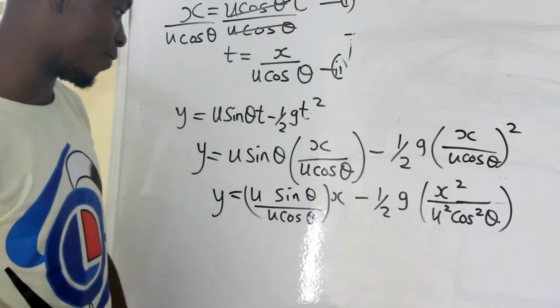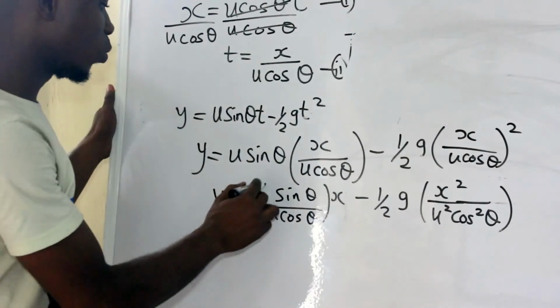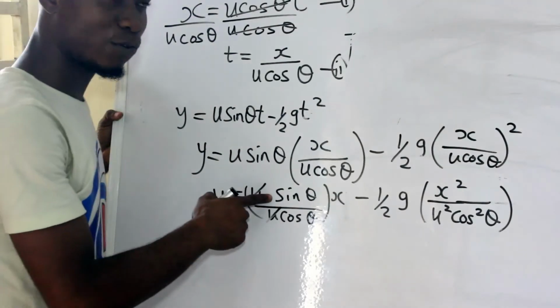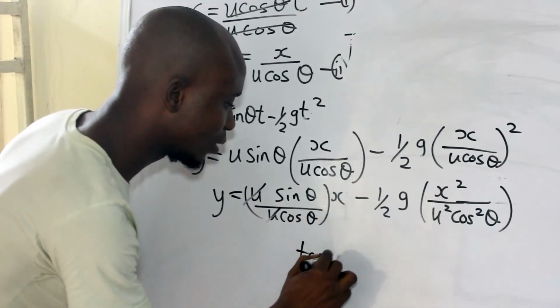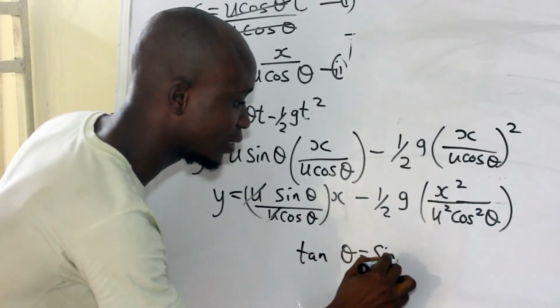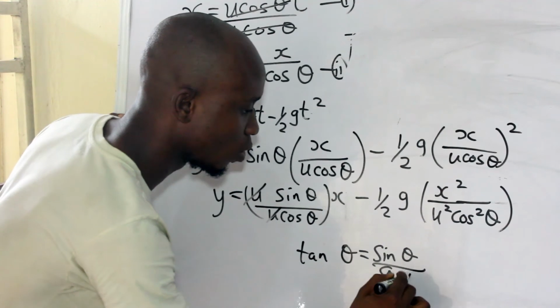Now, u cancels u, and from our trigonometric identities, we have that tan theta equals sine theta all over cos theta.